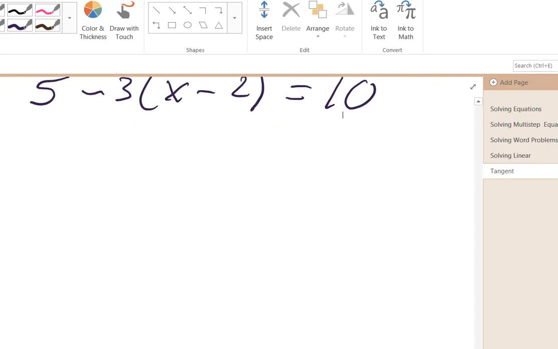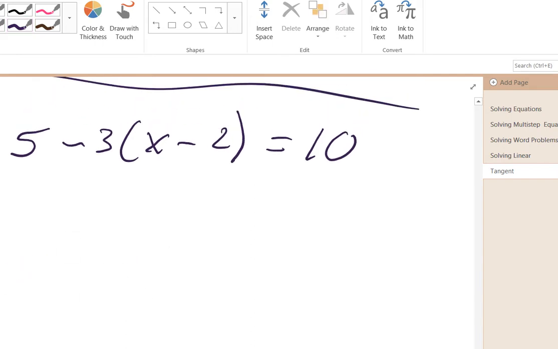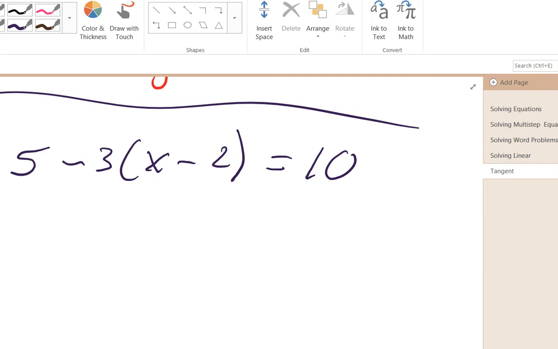Let's just do one at a time. There might be something like this one here, and what we're going to do is solve this equation.